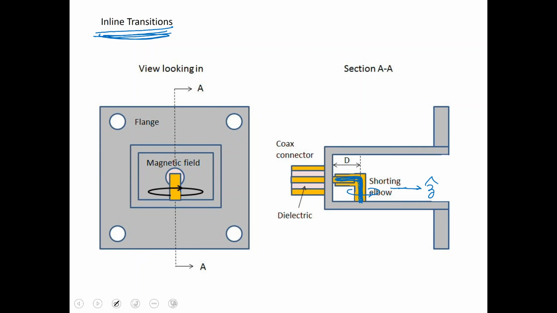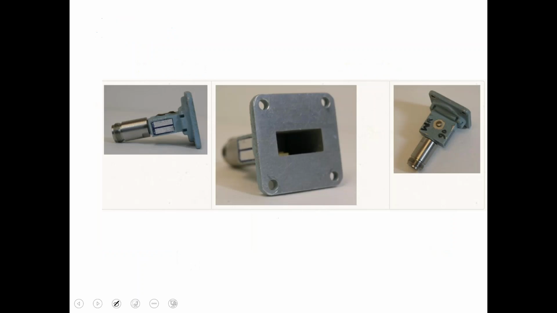If I short it with a 90-degree elbow, then a TE mode would be excited. And again, everything else basically remains the same. Typical design, again, it's just a flange, but now instead of coming with a connector here, we are putting a connector on the side, and then it is being screwed into the waveguide.